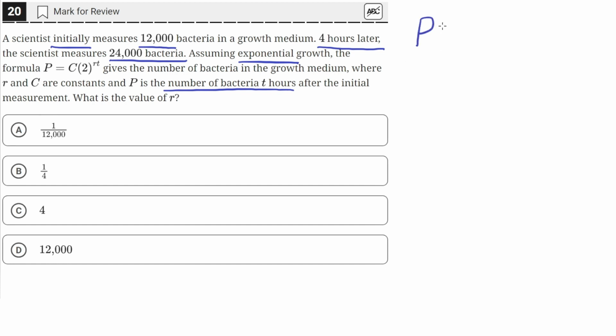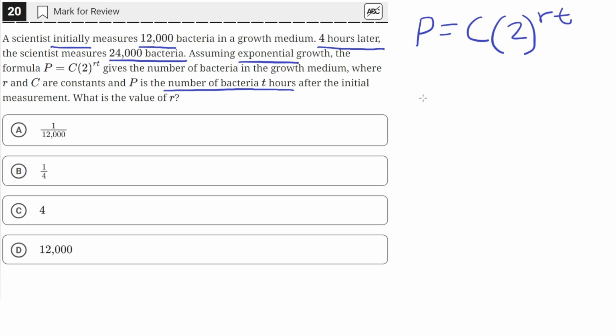Okay, so we have this exponential growth equation that models this problem. And we are given that the initial amount of bacteria in the medium is 12,000. So that means at time t equals 0, which is the initial condition, the initial population of the bacteria is 12,000.